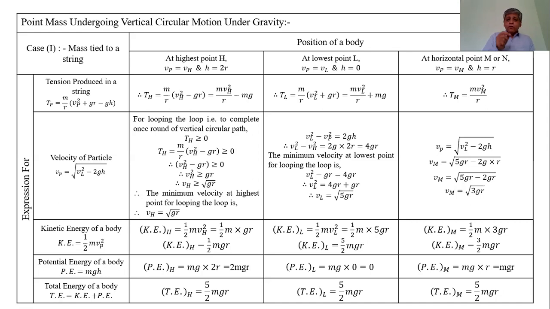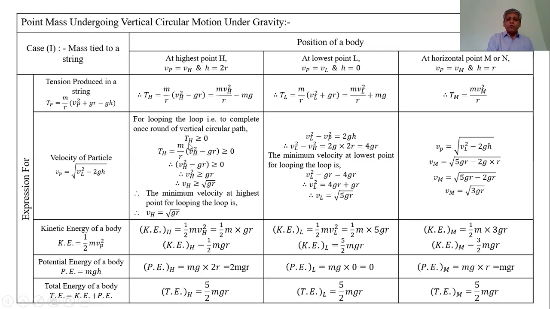Then the condition to complete the vertical circular motion is that the tension at the highest point is zero or greater than zero. This is the condition to complete vertical circular motion. Therefore, at the highest point H, for looping the loop, that is to complete one round of the vertical circular path, the tension at the highest position is always equal to 0 or greater than 0.